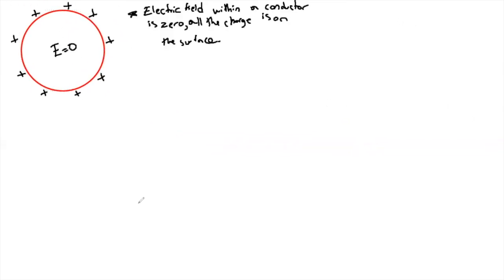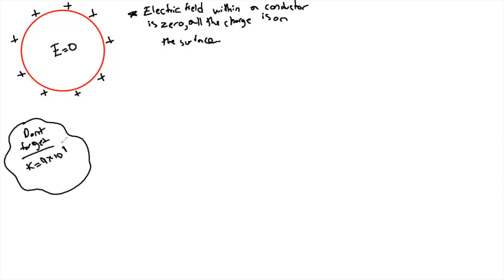By the way, back in the day, they did not have these values. So a little note, don't forget: K is equal to 9 into 10 raised to the power 9, and E naught is equal to 8.85 into 10 raised to the power minus 12. I kind of forgot for a second there.